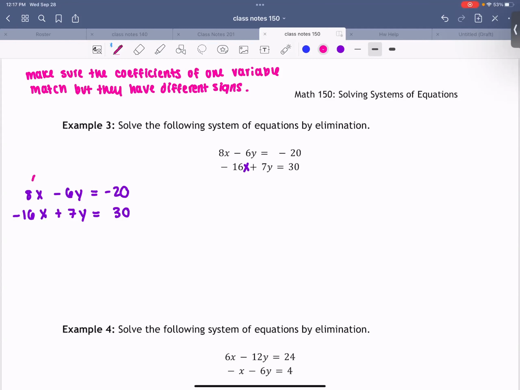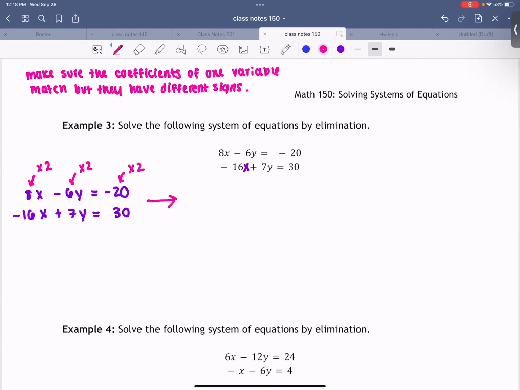I'm going to take this 8 and multiply it by 2 because I know it's going to become 16. I'm not going to multiply by negative 2 because I want negative 16 to be positive 16 in the other equation. Now, if I do something to one thing in an equation, I better do it to everything else, right? So I'm going to take every single one of my coefficients and multiply it by 2.